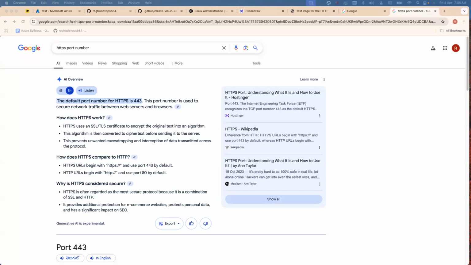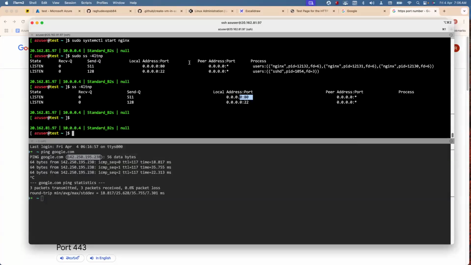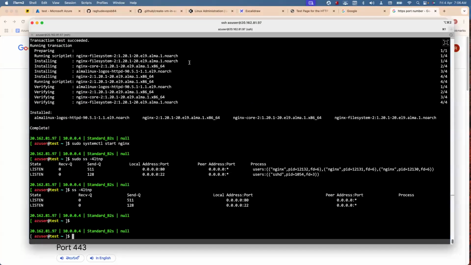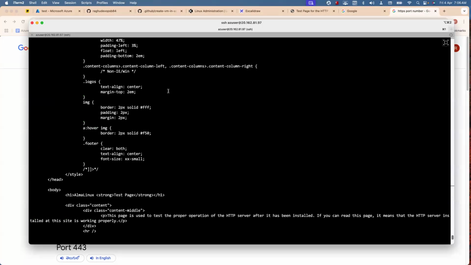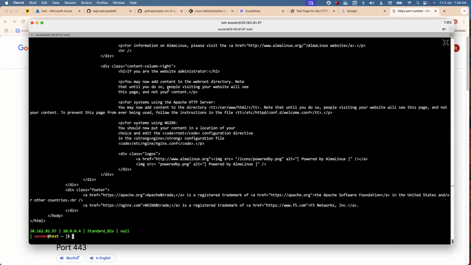But if I try curl on 127, like localhost, it starts working. It will work, right? So it's working from the outside world. You can't say it can't work on localhost. Here, localhost, you're also getting the response. But if I try curl with my public IP address, it doesn't work.